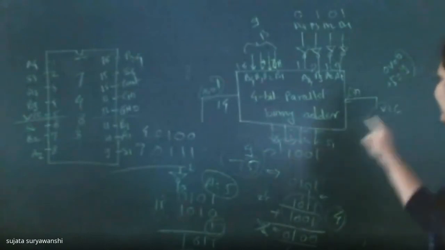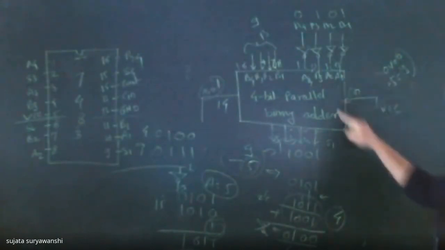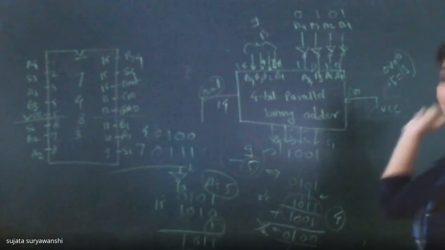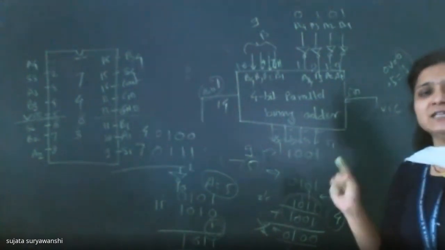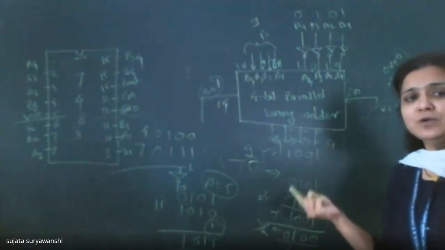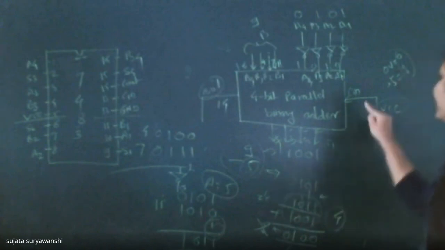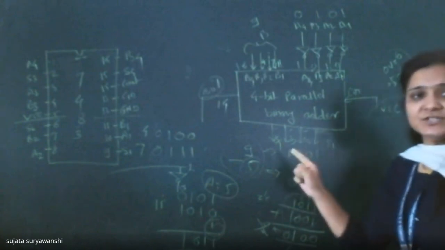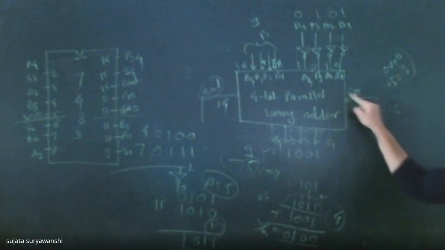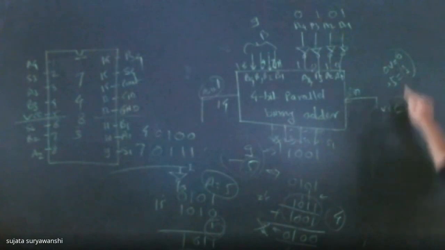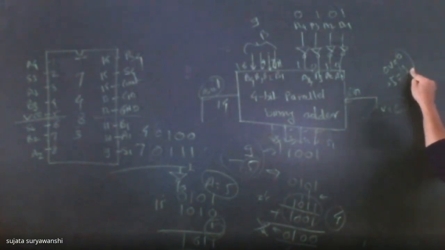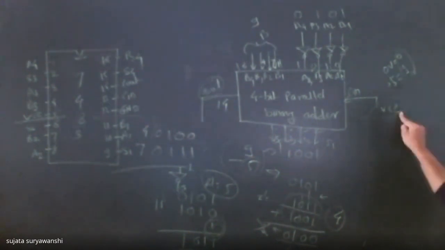For that only, here I have made these connections. In the previous case, I told you that every time you need to connect C in to ground, that is 0 volt. But right now, for subtraction, you have to connect this C in pin to VCC. VCC means plus 5 and it is considered as 1. Binary number 0 and 1, so 1 is considered here.